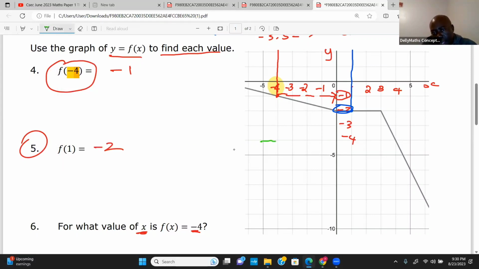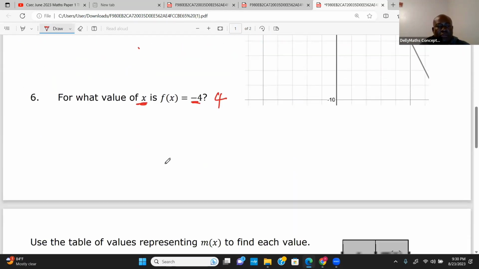So this is the line that passes through negative 4 as an output, and I'm going to take it to the curve. It touches the curve right here. The moment it touches the curve, I'm going to take it to the x-axis to see what number is here. And you could see that's positive 4. The value of x that would have produced negative 4 is positive 4.